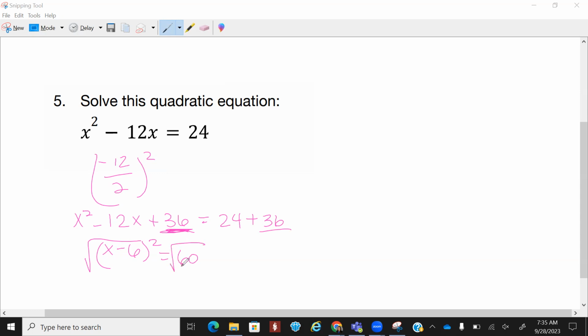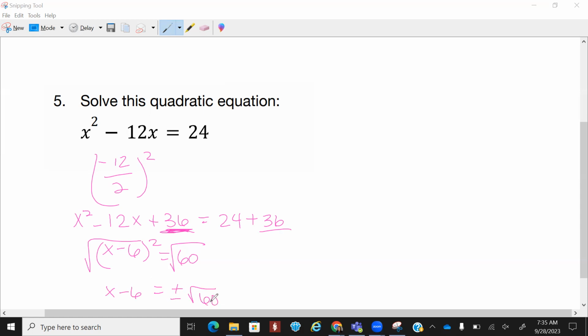So now when we take the square root, I need you to pay attention. We're going to get x minus 6. And then on this side, when we take the square root, what are we going to get? We're going to get a positive and negative version.